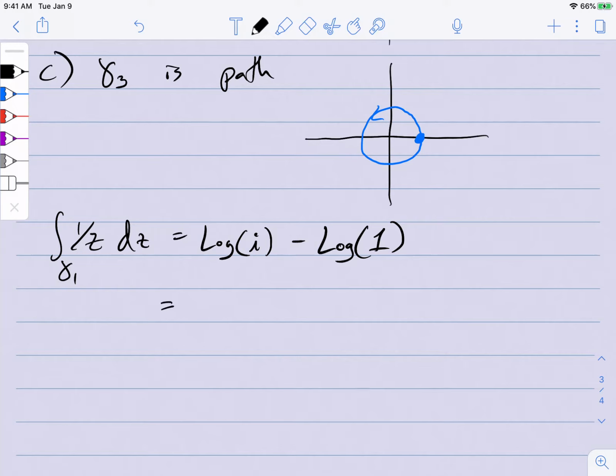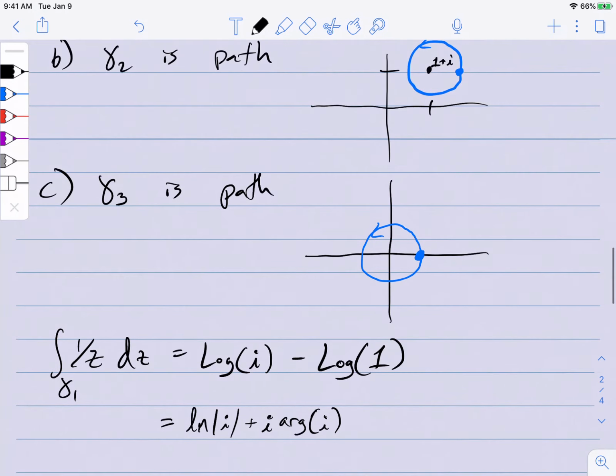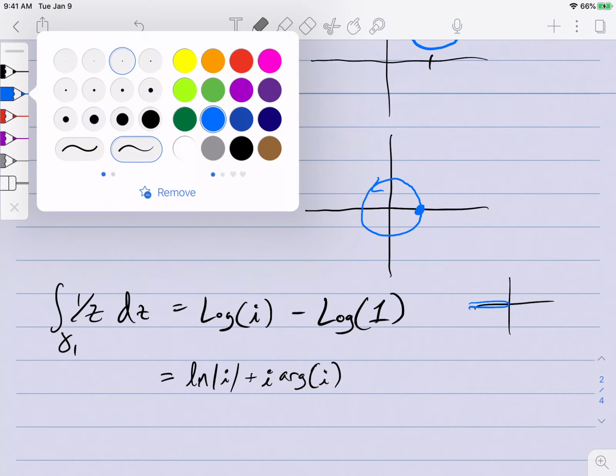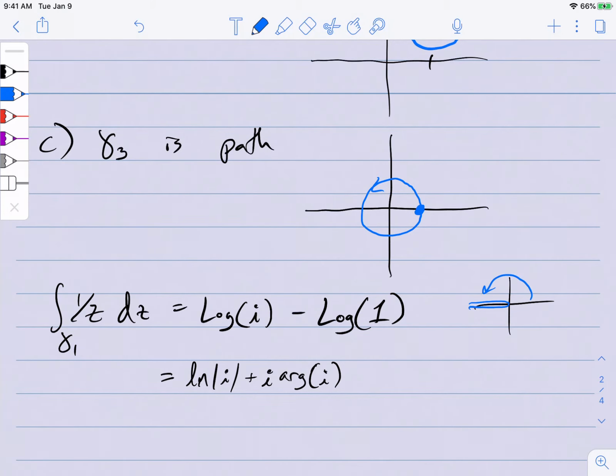So log of i, this is, real part is ln of modulus of i, and then plus the imaginary part, so i times the argument of i. And for the principal logarithm, that's the one where the arguments, remember, we're avoiding the negative real axis, and the arguments go between pi and minus pi.